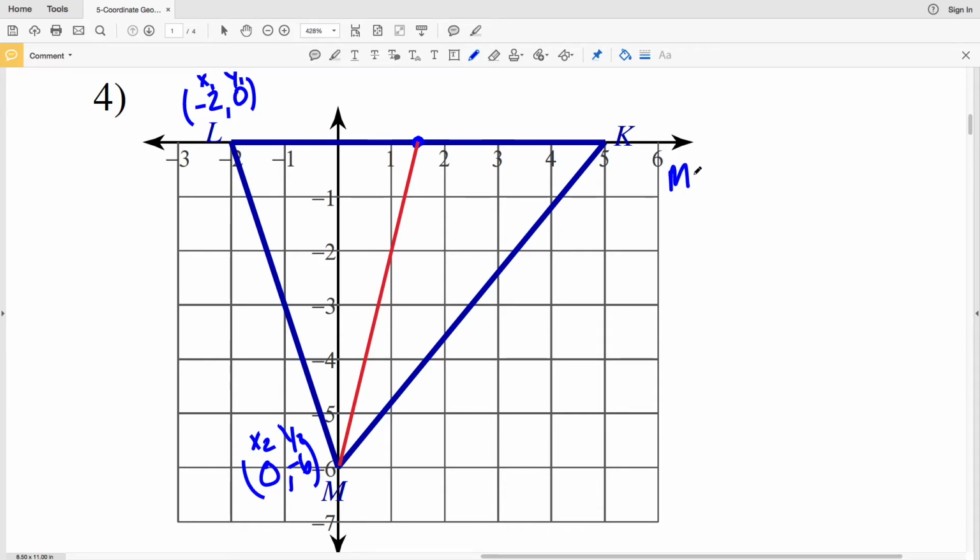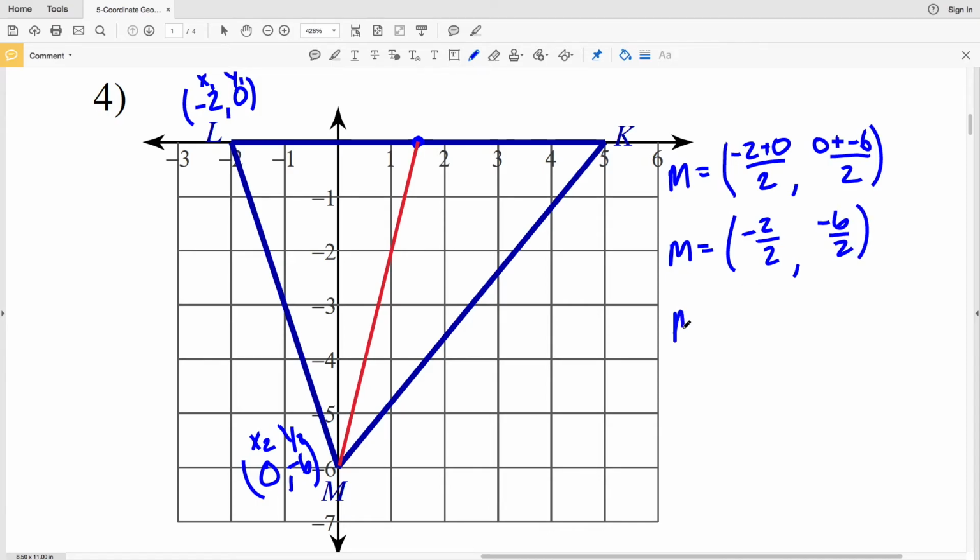Our midpoint equals x1 plus x2, -2 plus 0, all over 2, and y1 plus y2, 0 plus -6, all over 2. So our midpoint occurs at -2 over 2 and -6 over 2. So midpoint is equal to -1, -3.